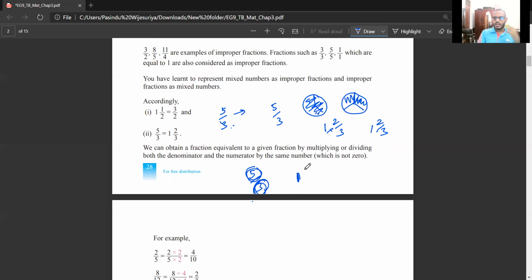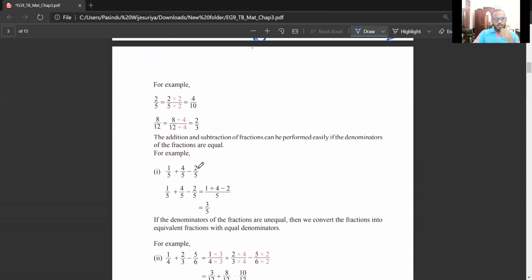Then how much remainder is there? 2 from 3. It's basic division. If you divide it by 3, there's 1 three, then you put 3 and 2. So you write 1 and 2 over 3. I hope it's clear to you all. So that is pretty much the same thing.